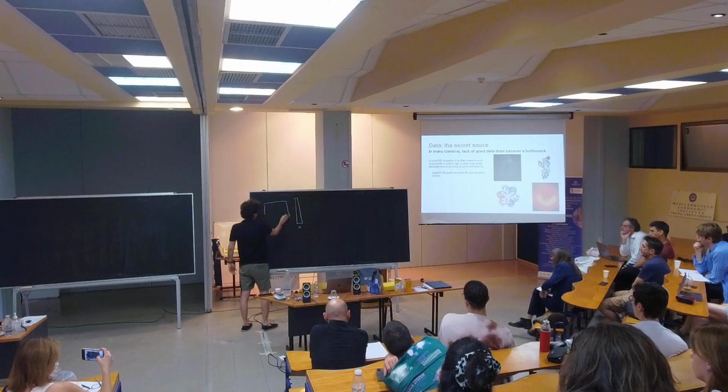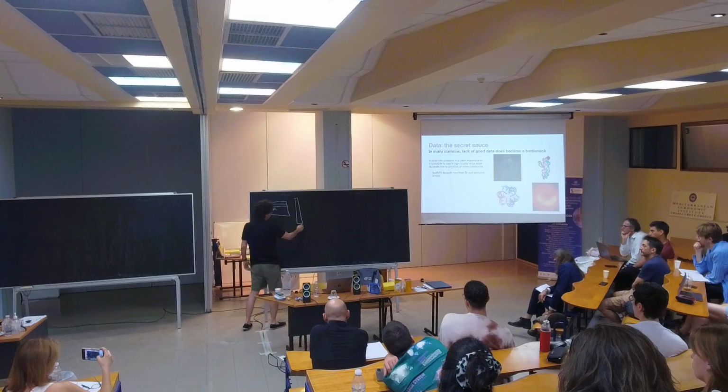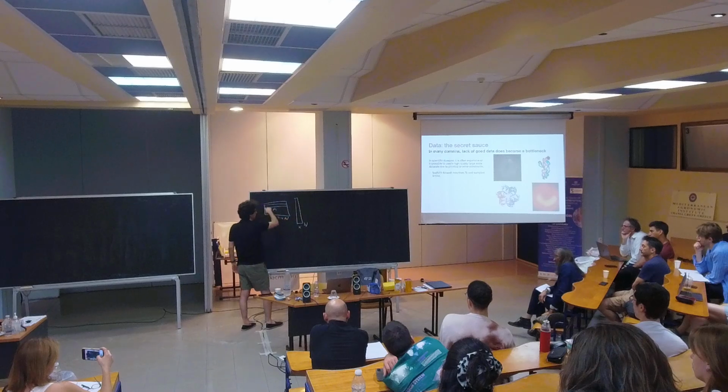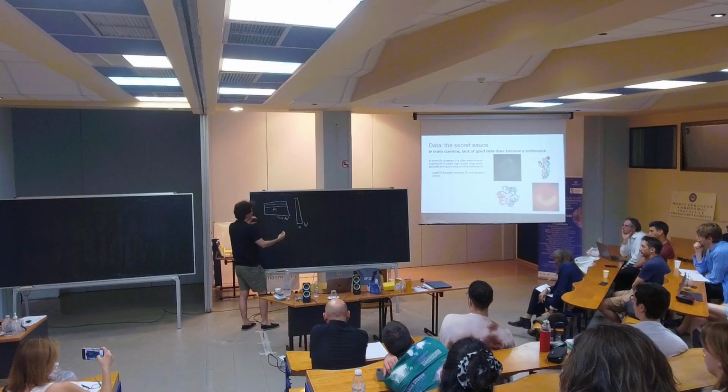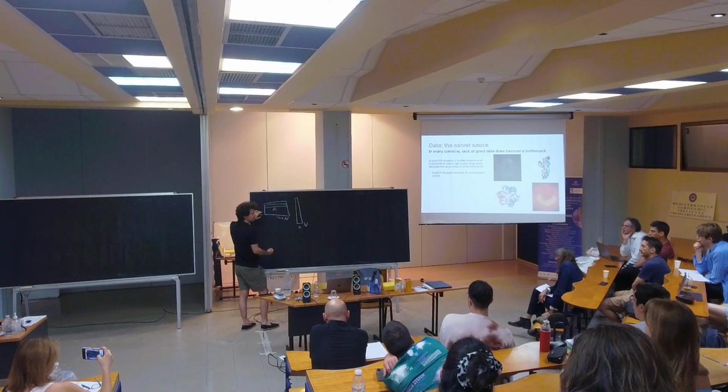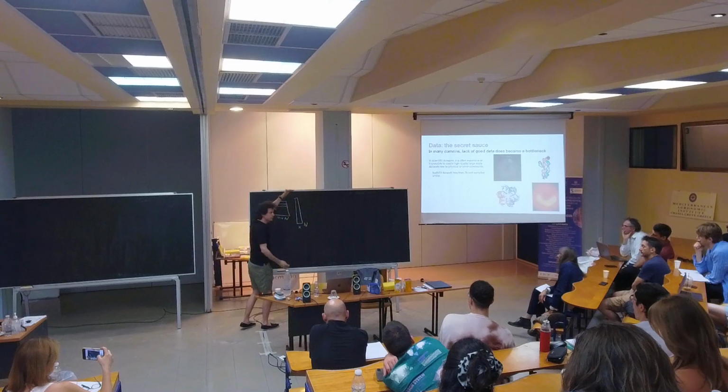And when you put a patient in an MRI machine, you take a few linear measurements of the signal. So think of this high dimensional signal, and think of this matrix of measurements as a fat matrix. You take a small number of linear measurements of this high dimensional signal.